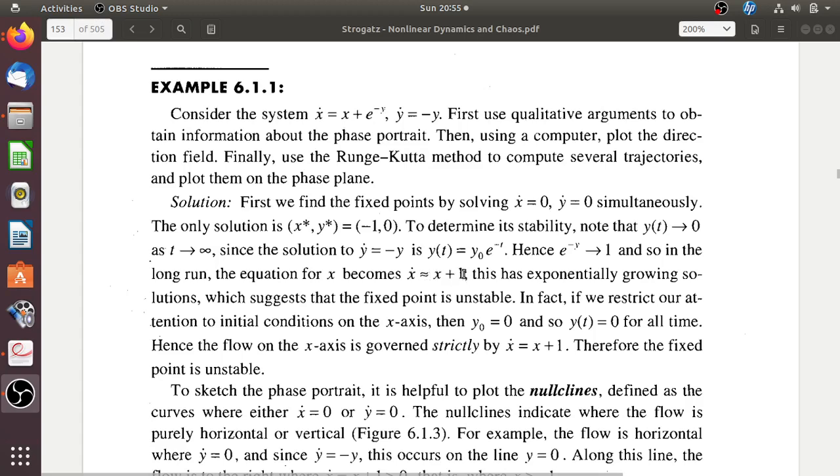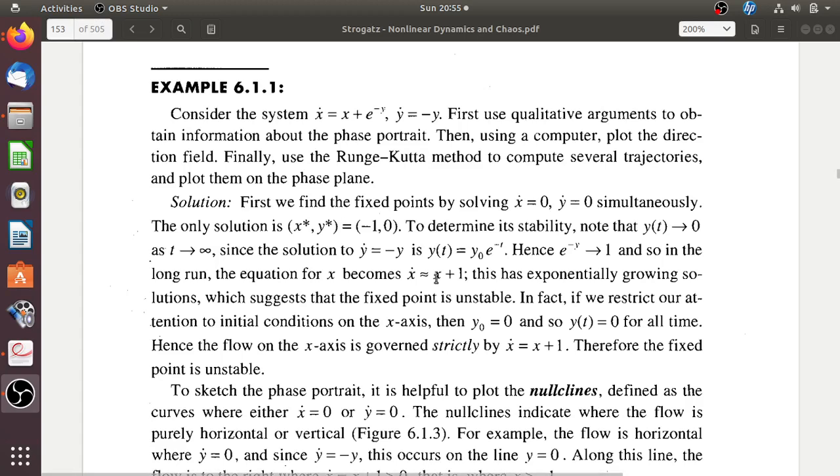Now if I give a little disturbance along x, from this equation we could see that it will not come back, it will go away exponentially. And therefore it's not stable. Okay, it's not a stable fixed point.